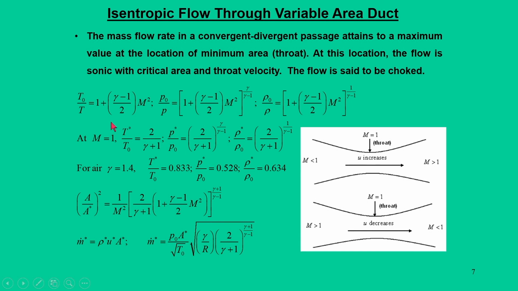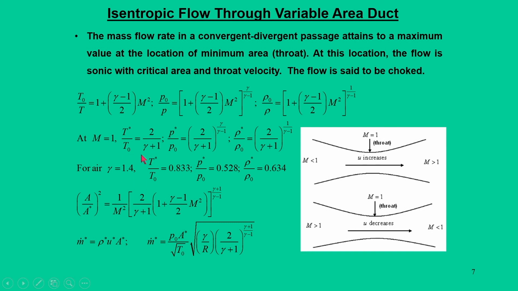we get very simplified relations. At Mach 1 this becomes a characteristic number, that means T star. So, this static value becomes the characteristic temperature because it corresponds to Mach 1, and likewise the characteristic pressure and characteristic density, and these ratios are nothing but fixed numbers.